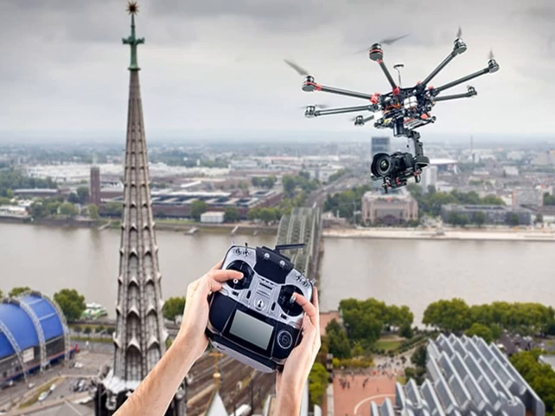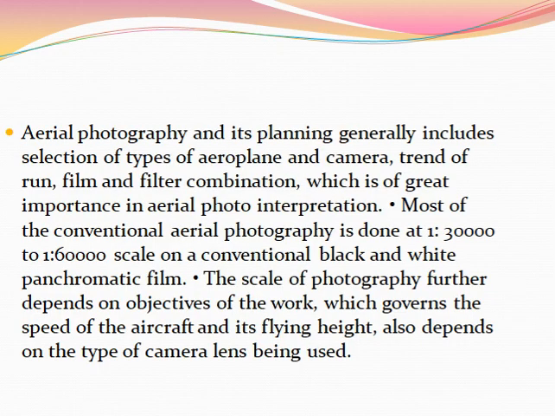Then what is a good aerial photograph? A good aerial photograph must have certain standards of geometrical accuracy. Aerial photography and its planning generally includes selection of the type of aeroplane and camera, trend of run, and film and filter combination, which is of great importance in aerial photo interpretation.